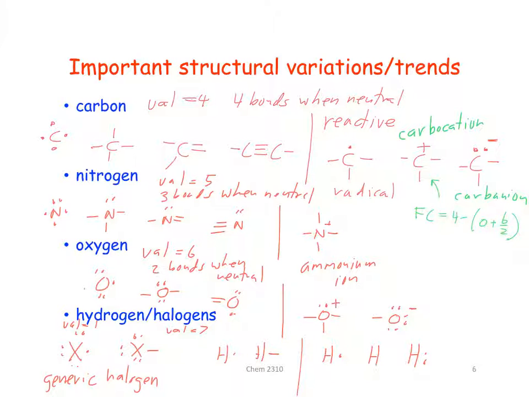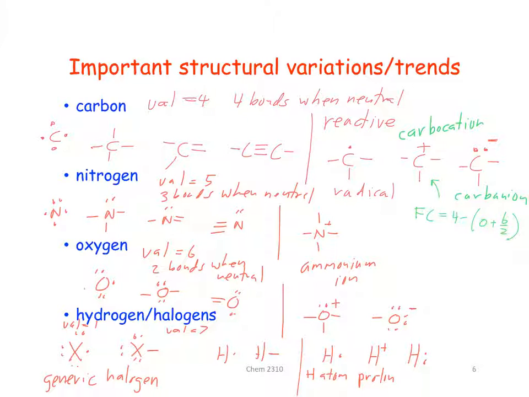Hydrogen with an electron is just the hydrogen atom. Right, so it's neutral, 1 electron, 1 proton. If we have hydrogen with no electrons, then it gets a plus, right? And because all that's left is a proton, we call it a proton.